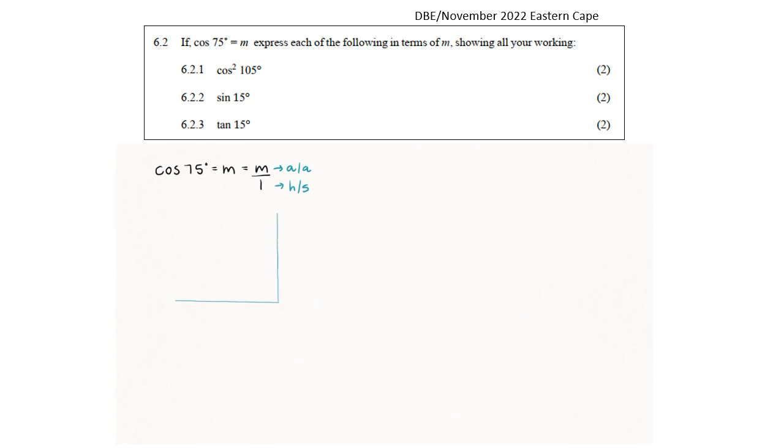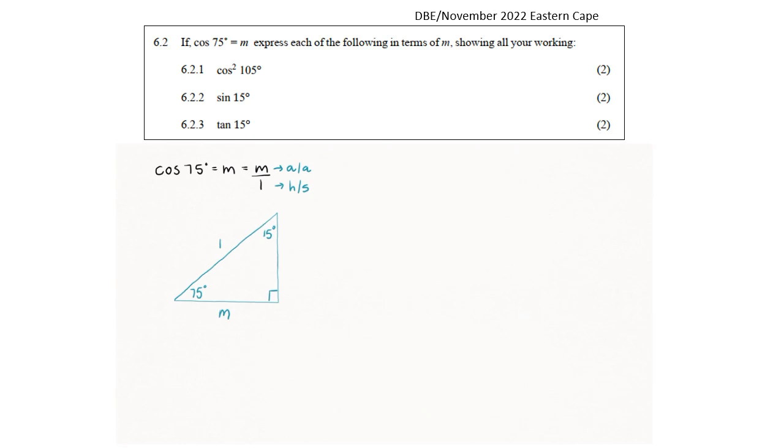And then we can complete the rest of the triangle. If the one acute angle is 75 degrees, the other acute angle has to be 15 degrees, using the properties of the interior angles of a triangle.